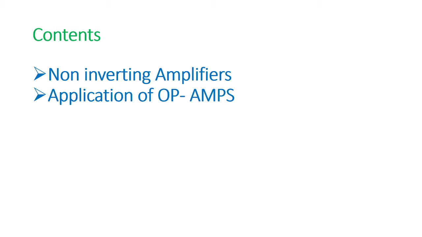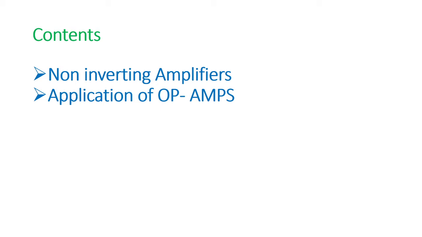A signal applied to the plus input appears in the same phase at the output, therefore that terminal is called the non-inverting input. On the other hand, a signal applied to the minus input is shifted in phase by 180 degrees at the output. That's why it is called the inverting input.